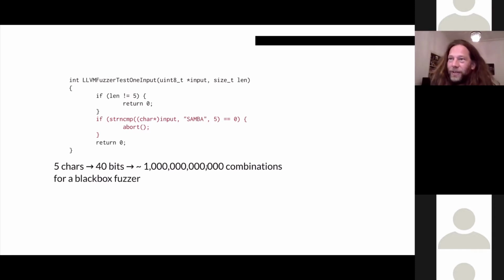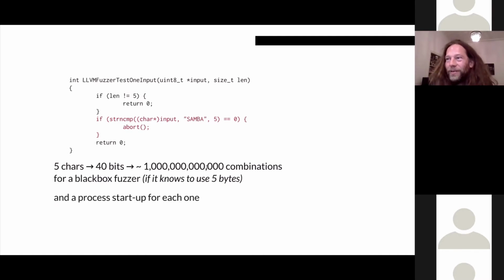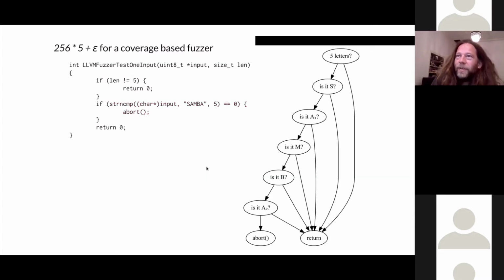And it would take a long time because, well, yes, assuming it knows how to use 5 bytes, it would start up the process for each one saying, let's try another string. Whereas with libfuzzer, the coverage-based fuzzer, it draws the graph, and it says let's find out all these edges.